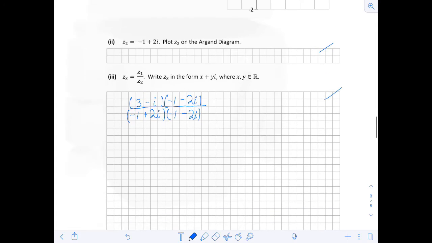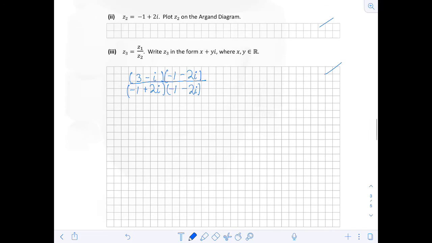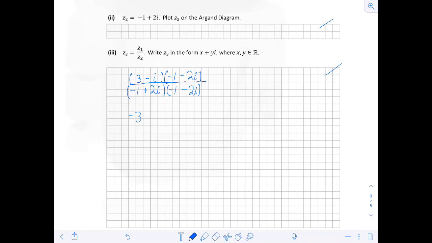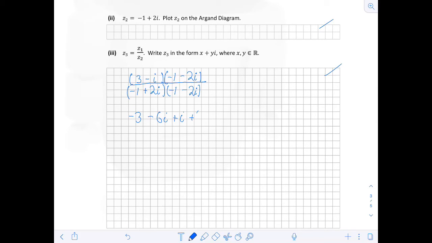Let's multiply these out. I won't fall into the same trap as I did before. So it's going to be minus 3 minus 6i plus i plus 2i squared, all over 1 plus 2i minus 2i minus 4i squared. That's pretty good.